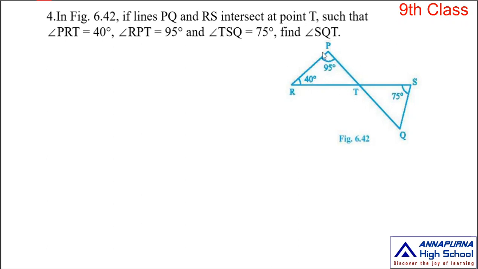Angle RPT is equal to 95 degrees, and angle TSQ is equal to 75 degrees. This is angle SQT. We find the angle SQT. Start the solution.